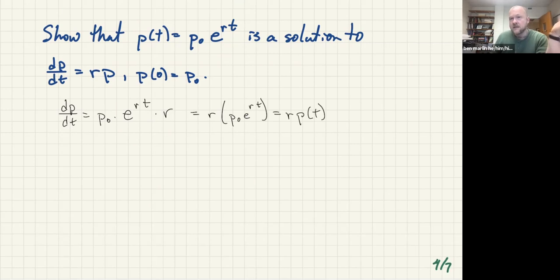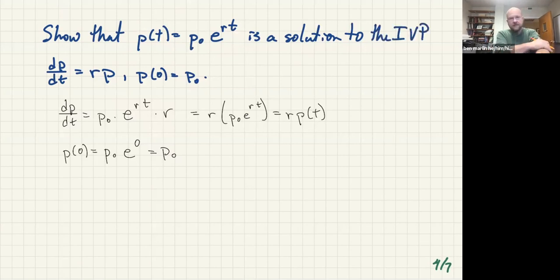So that verifies that we have a solution to the differential equation, and then the initial value there, you just have to check and see that p of 0 is going to be equal to p naught e to the r times 0. So that's p naught. So that says that we have a solution to the initial value problem. As a matter of fact, I probably should have written, oops, I should have written the IVP here, okay?